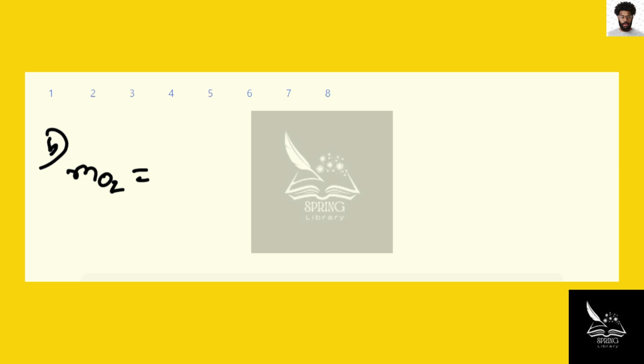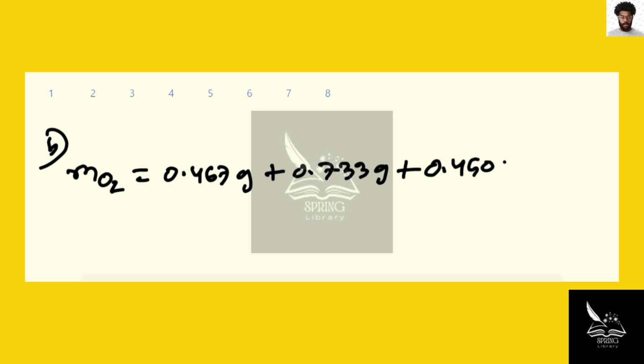The mass of oxygen will be the sum of the mass of the products, 0.467 gram plus 0.733 gram plus 0.450 grams.